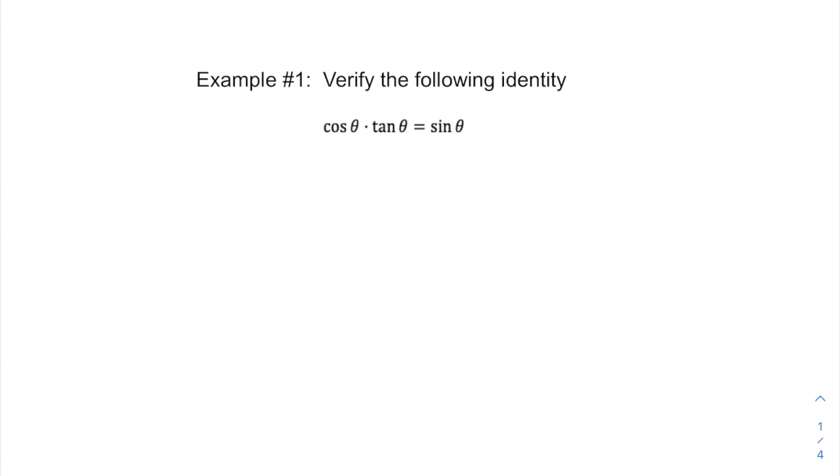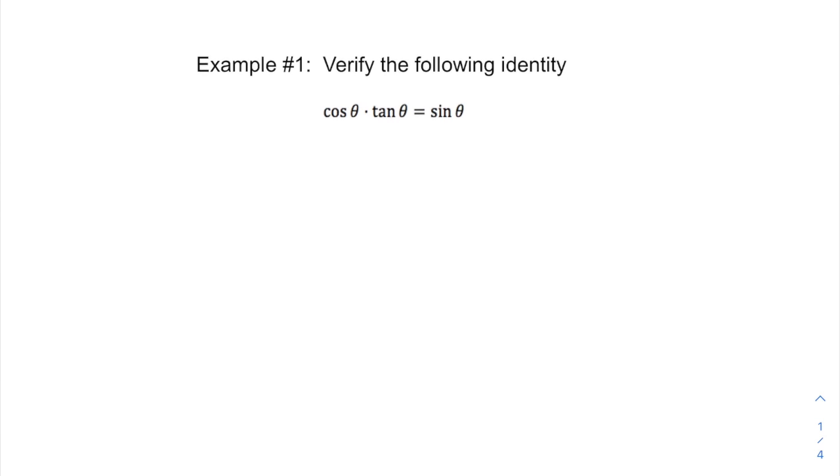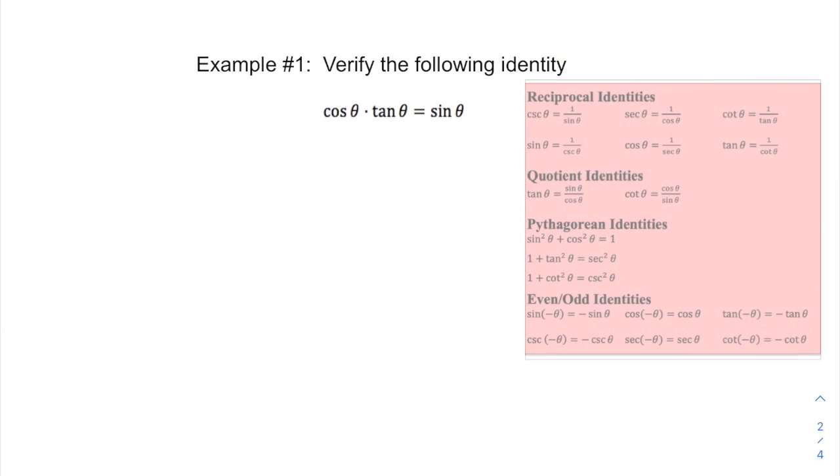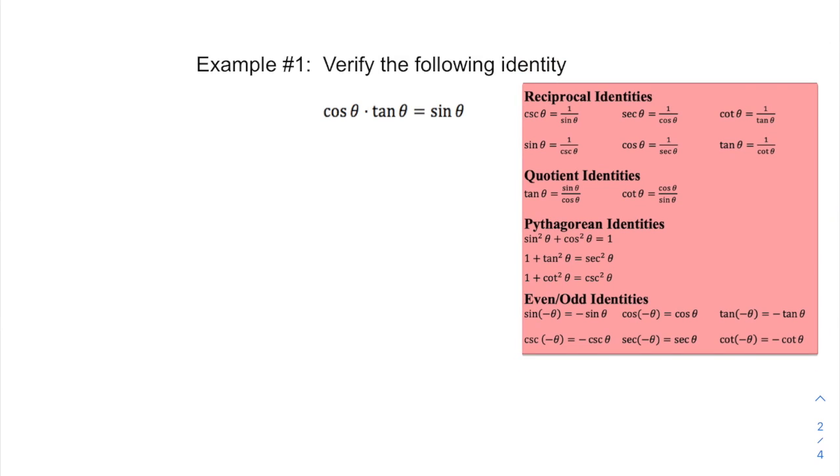The directions ask us to verify the following identity, and what it appears to be is an equation. The first thing I'm going to do here is I have cut or copied this chart, and I'm going to keep it here so that I can continually reference it. I recommend that. These are what we can work with. When I do a verify question, I'm going to start by drawing a line down the equal sign. I cannot cross that line.